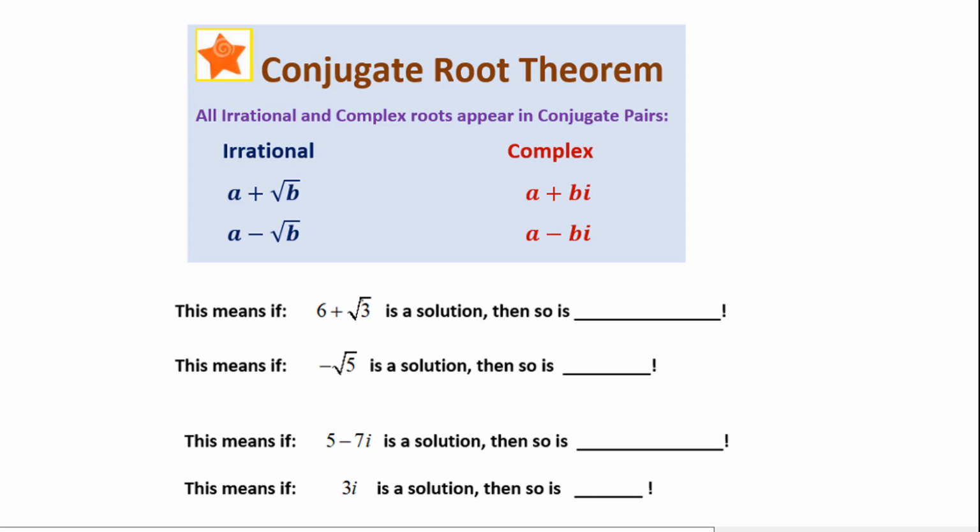If 6 plus square root of 3 is a solution, then so is 6 minus square root of 3. If negative square root of 5 is a solution, then so is positive square root of 5. If 5 minus 7i is a solution, then so is 5 plus 7i. If 3i is a solution, then so is negative 3i.